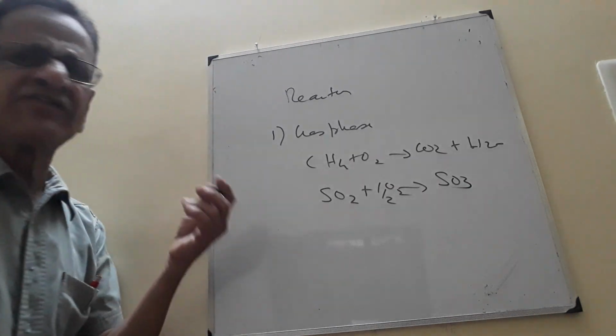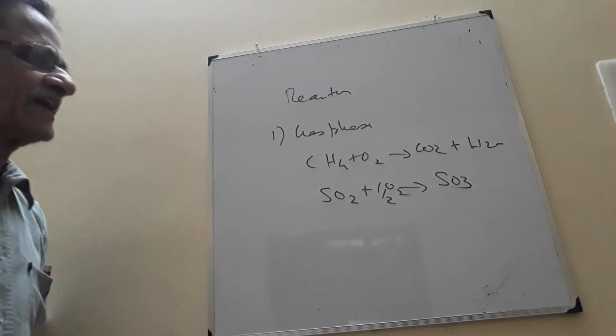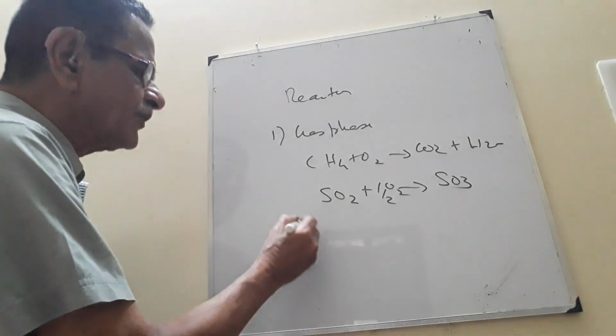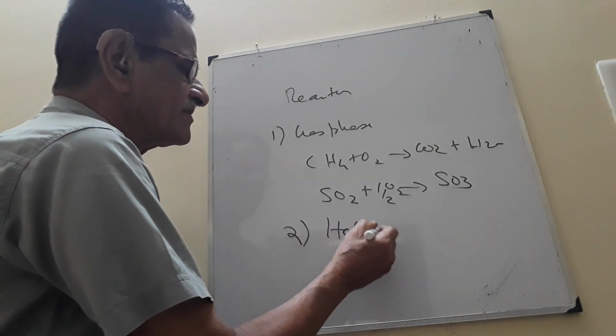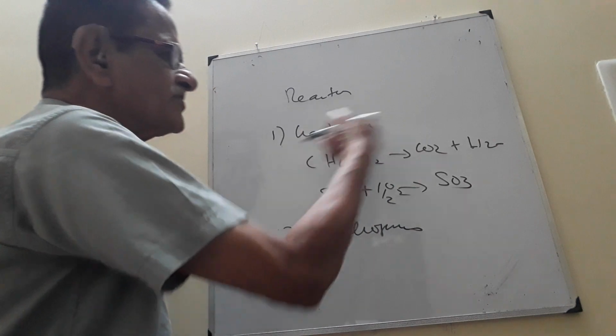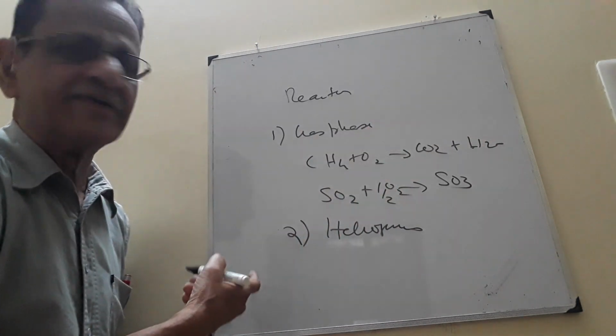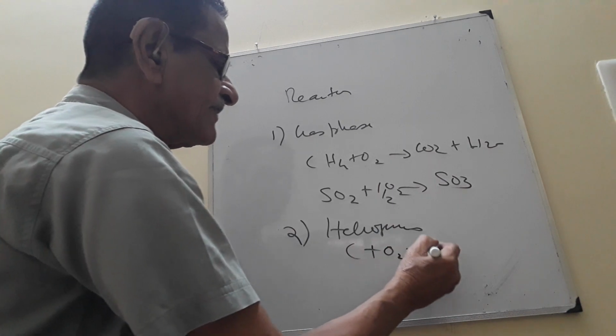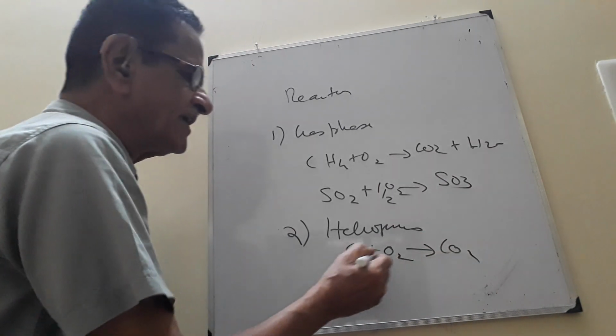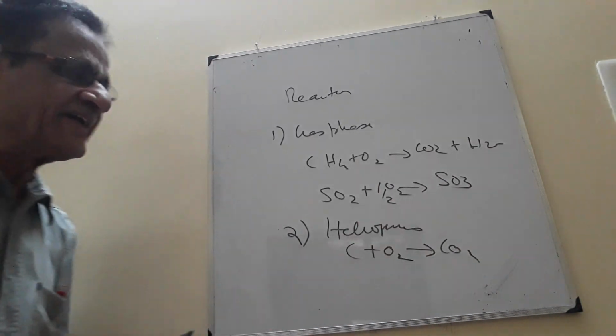So a number of gas phase reactions are there. Second, you have heterogeneous reactions. The earlier ones are homogeneous reactions because everything is in the same phase. Heterogeneous reactions, for example, carbon plus oxygen giving carbon dioxide. This is solid and gas, so it is a heterogeneous reaction.